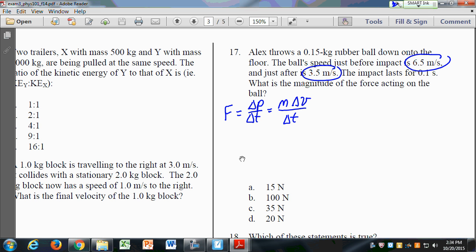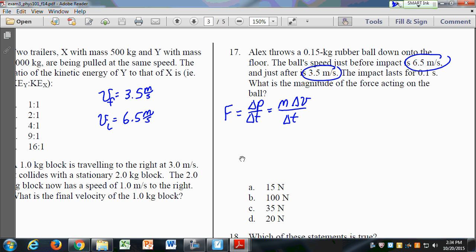It's 3, but that's wrong, right? The change in velocity is actually 10, because 3.5 is my final velocity. V initial is 6.5.